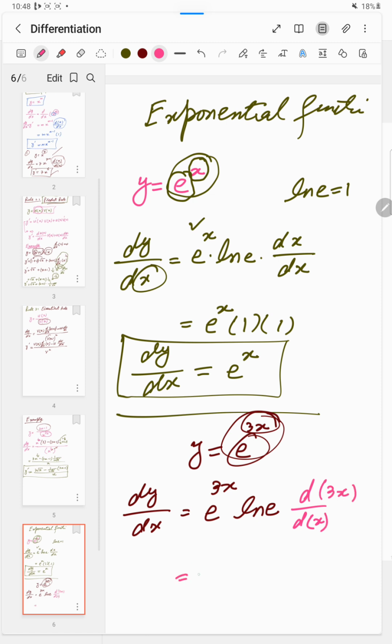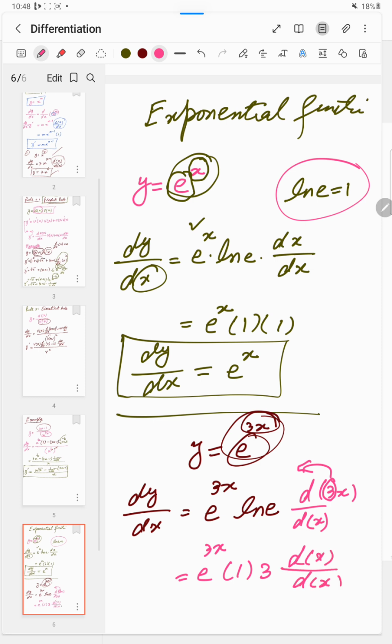So e raised to power 3x, log of e is 1, and 3 is a constant, so it is written outside, and it becomes d of x over dx.